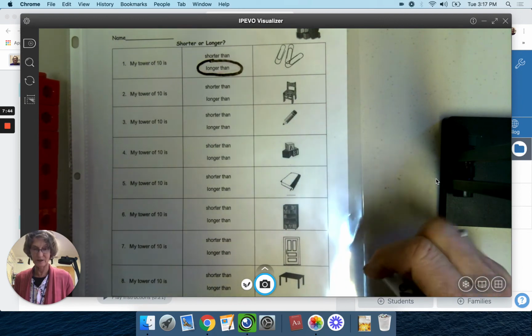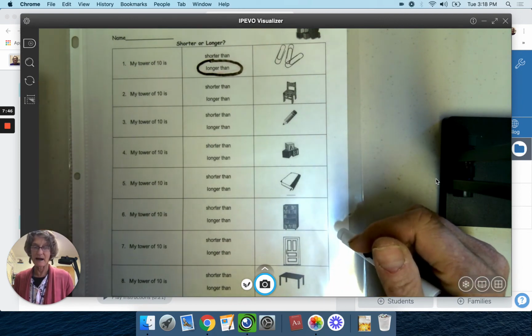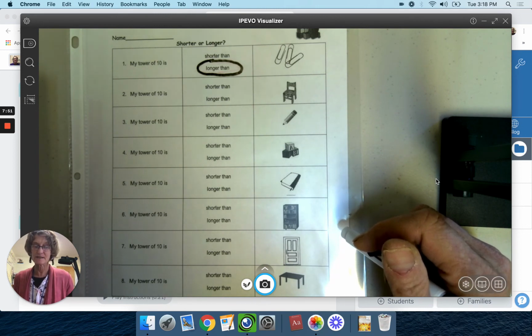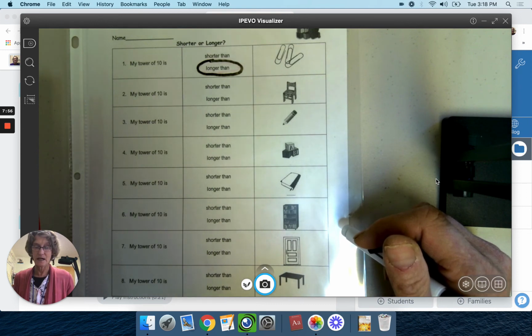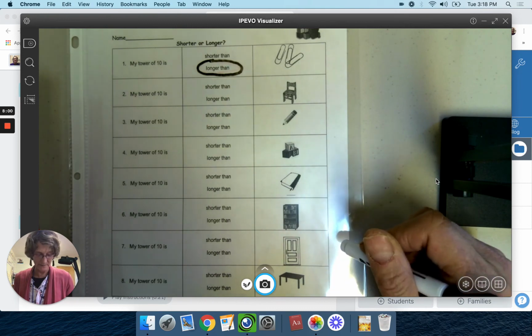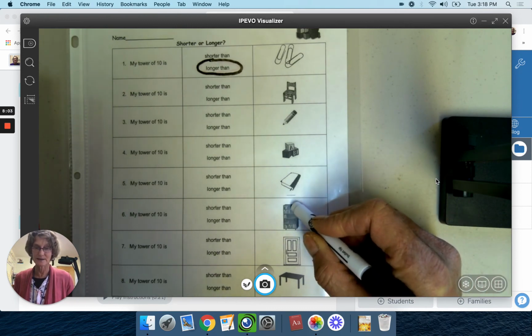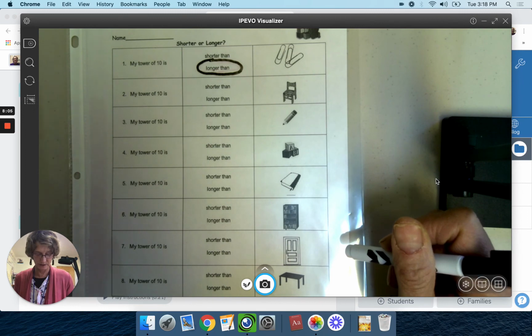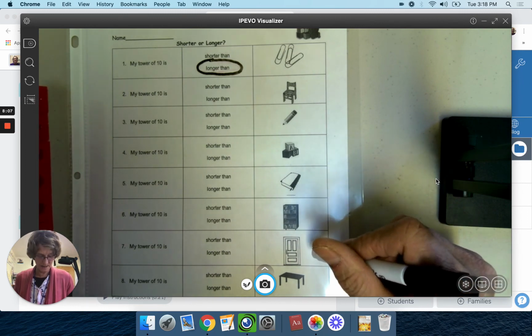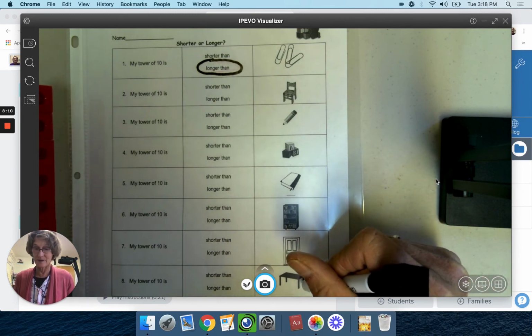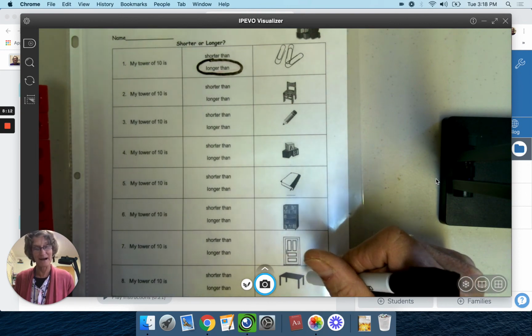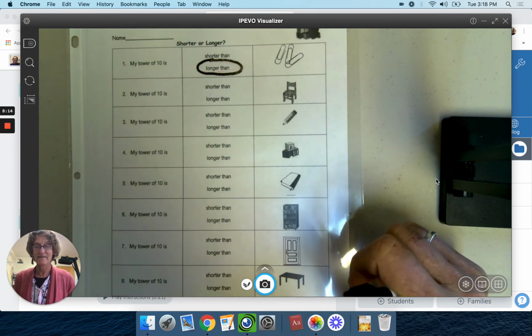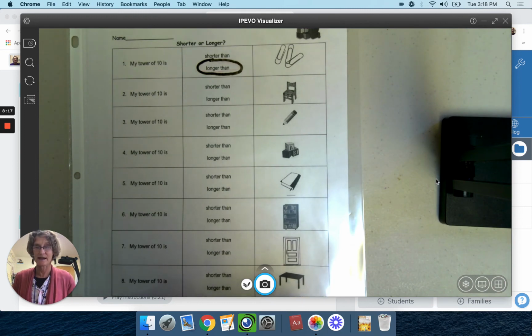If you don't have a bookshelf, I think you can imagine, because you've seen a bookshelf at school before, maybe at a library, maybe at someone else's house. Even just looking at the picture, if it has that many shelves, I think you can tell if the Tower of 10 is shorter or longer. A door, a table, it depends on the size of the table, but I'm pretty sure you can figure it out. Go measure it. Line them up.